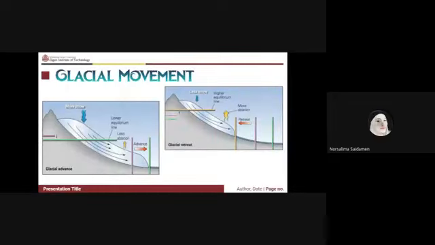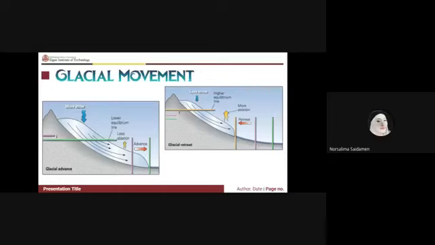So now we go to glacial movement. Let us know how accumulation and ablation affect the movement of glaciers. A glacier advances if accumulation is greater than ablation.